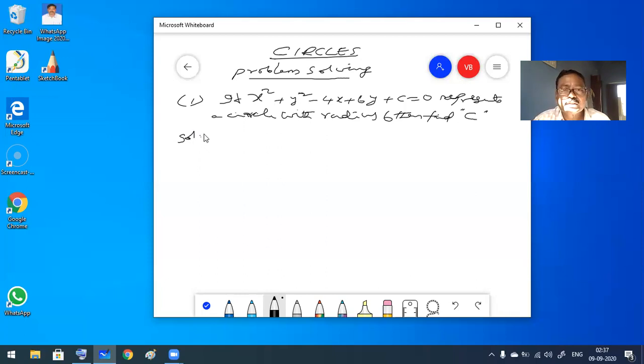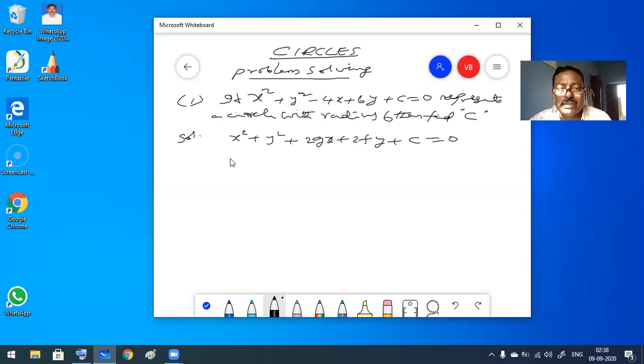Comparing the given equation with the general equation. The general equation is x square plus y square plus 2gx plus 2fy plus c is equal to 0.